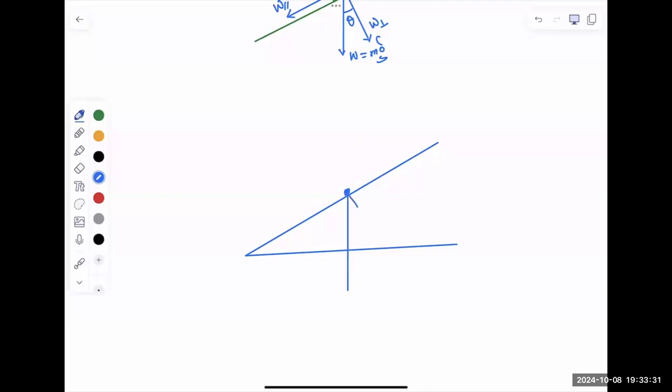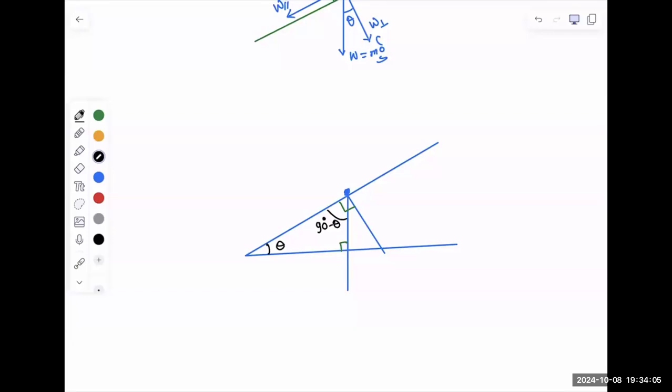a perpendicular here, right? So now what I know, this is 90 degrees and this is 90 degrees, right? So now if I say this is my angle theta, what is this angle? 90 degrees minus theta. You guys following me? Yes.